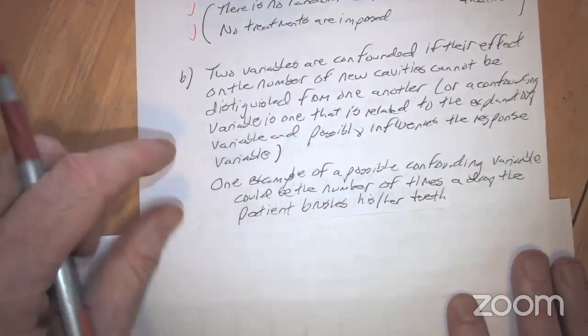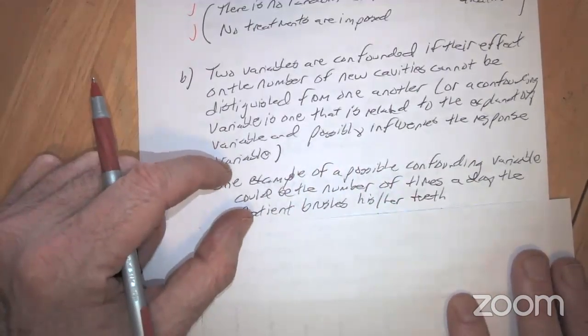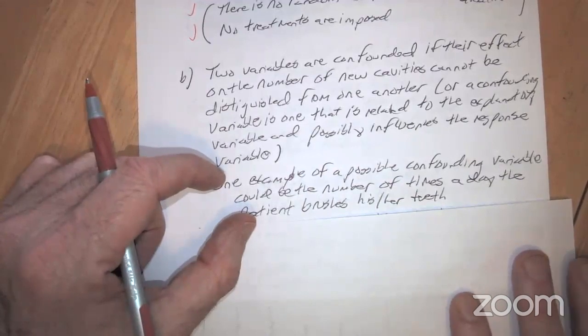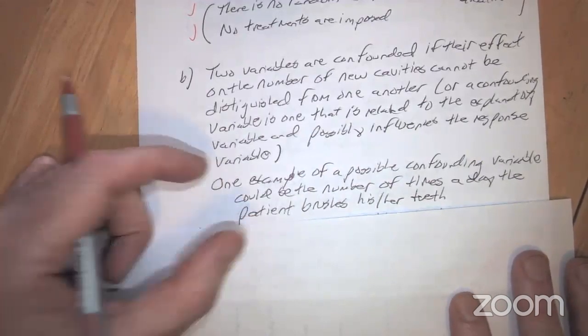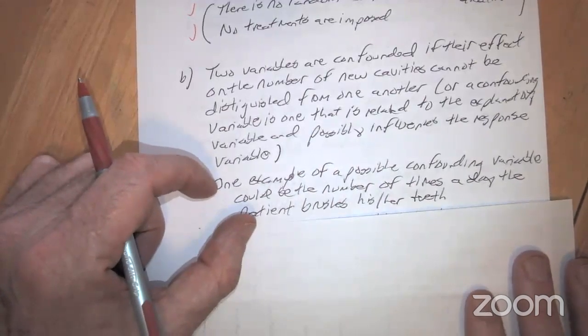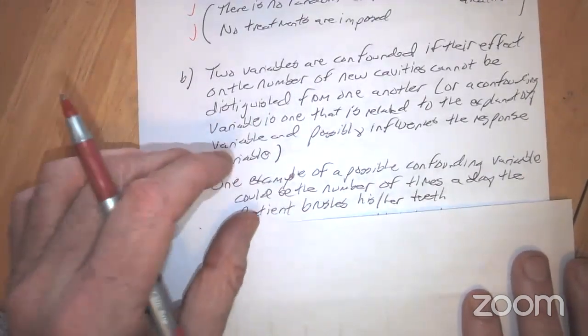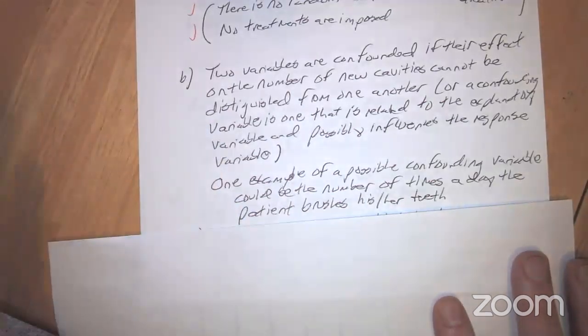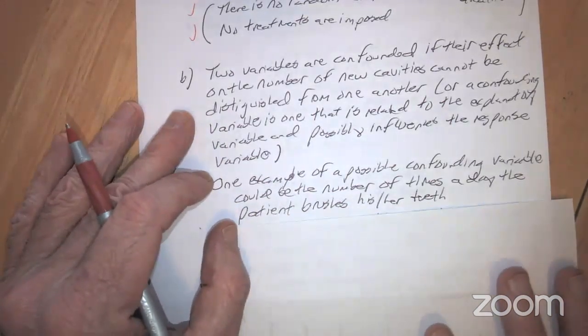Again, there are probably hundreds of different examples that could work here. The readers are well trained before we actually read a paper. So if you have a different potential confounding variable than mine, don't worry about it. There are probably hundreds of different potential confounding variables, all of which could get you full credit.